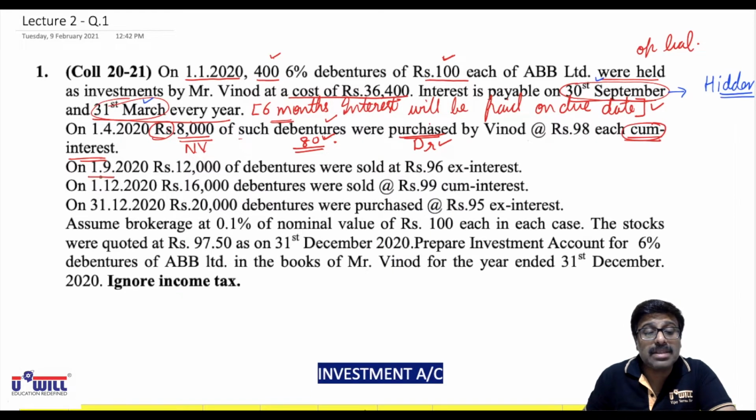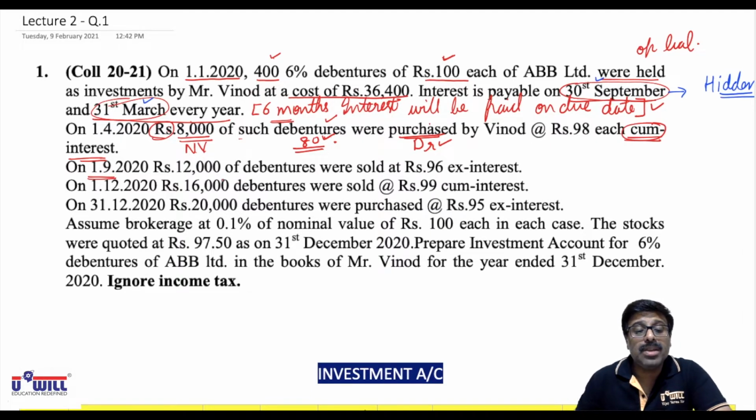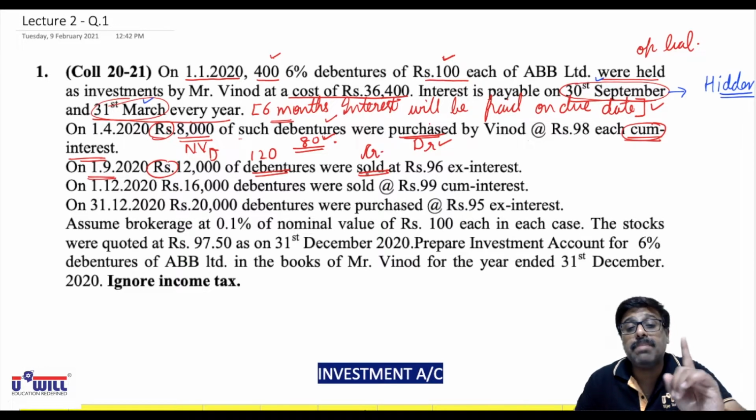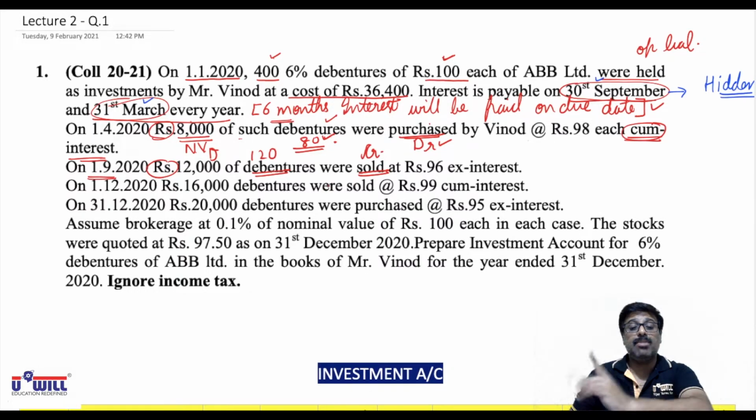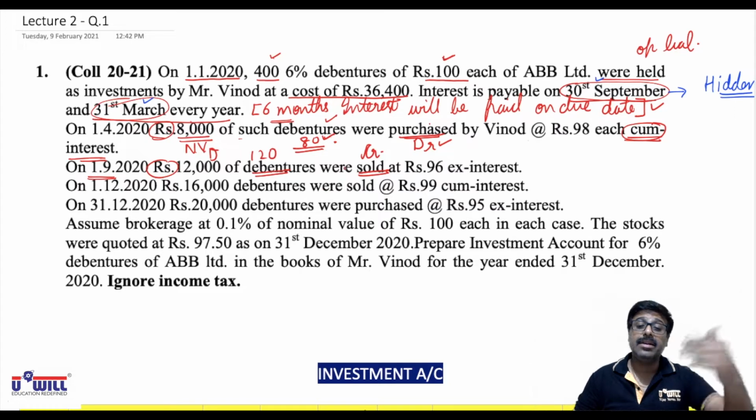On 1st September 2020, again rupees 12,000 is the nominal value of debentures. Now 12,000 divided by 100, 120 debentures are sold. Sold means they will be recorded on the credit side, because PP, purchase and profit, debit side, everything else credit side.